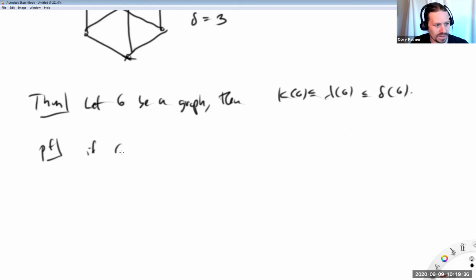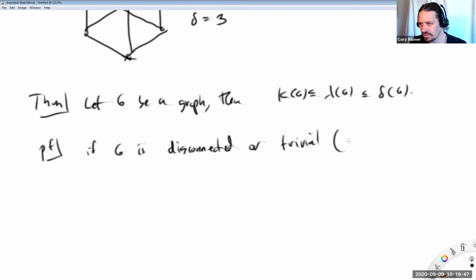So if G is disconnected or trivial, so trivial graph, I didn't define this term yet in the class. The trivial graph is the single vertex graph. The empty graph is the 0 vertex graph, okay? So 1 vertex graph.